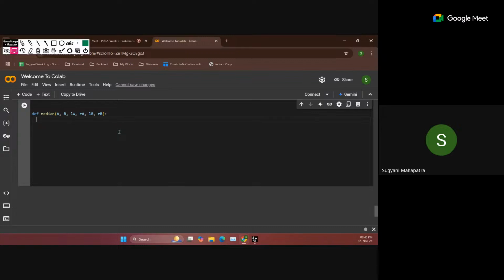Now we take n is equal to, how do we calculate n? N is basically the length of A, right? Yes. And our middle element, we had already assigned this, middle should be equal to n by 2.